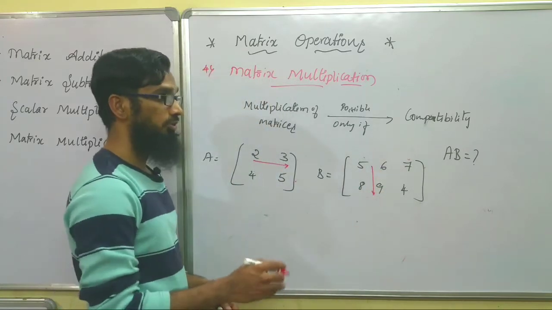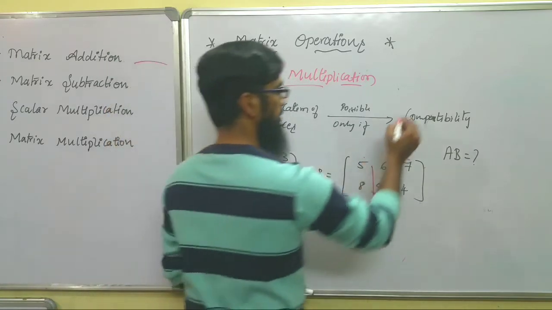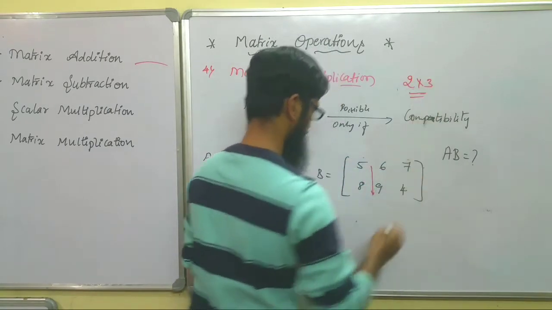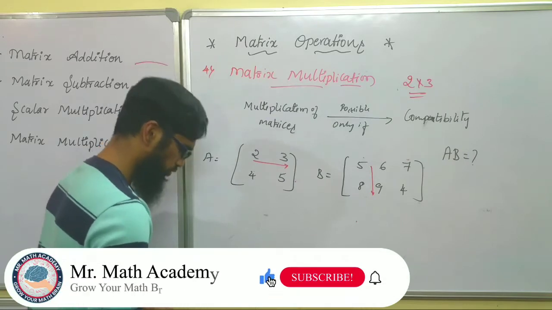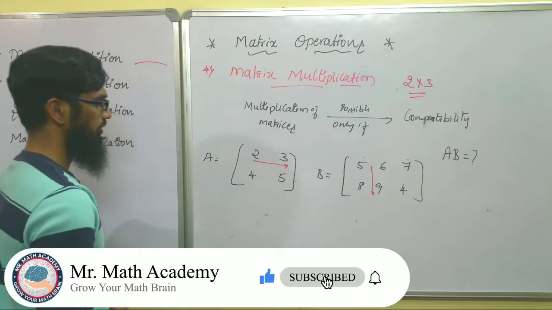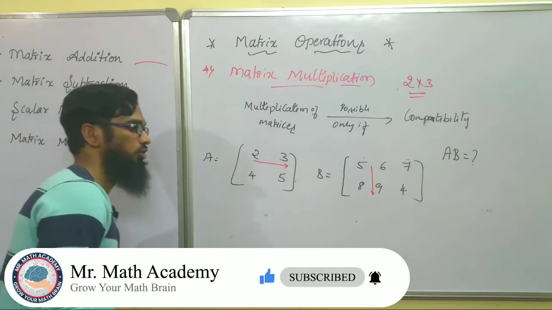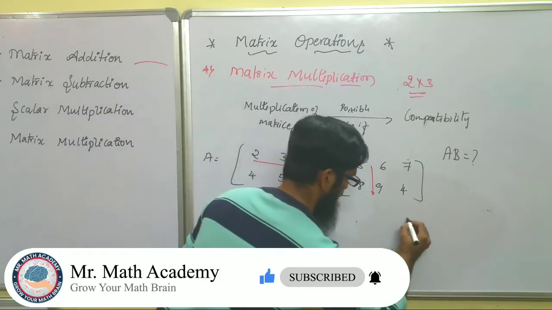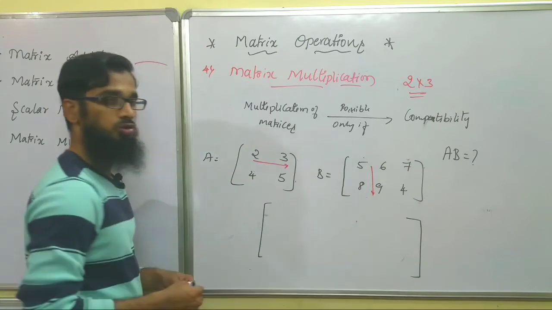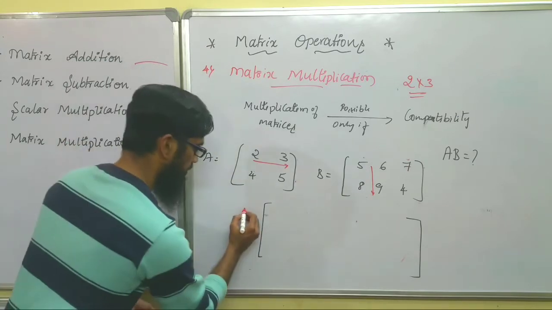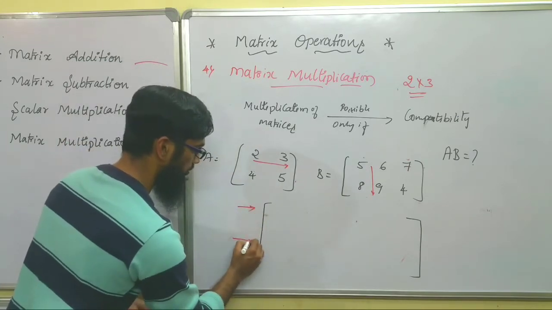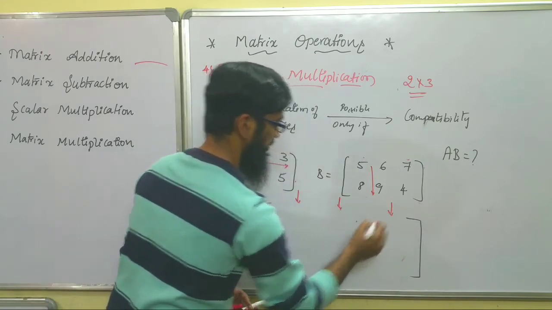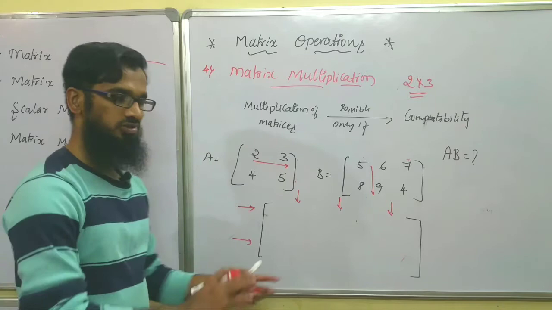The final order is a 2 cross 3 matrix, so I'll write the 2 cross 3 matrix somewhere. I need to get 2 rows and 3 columns here. So this is the final matrix.